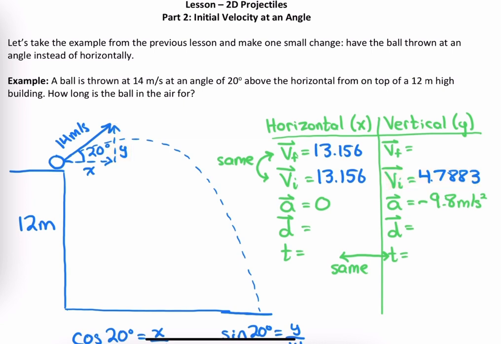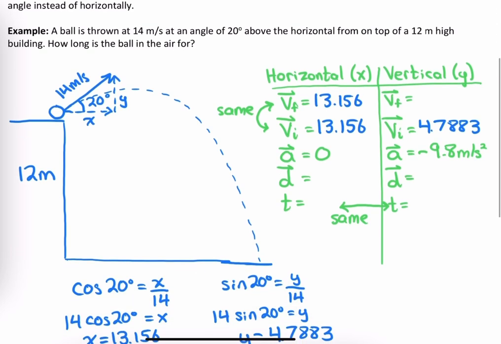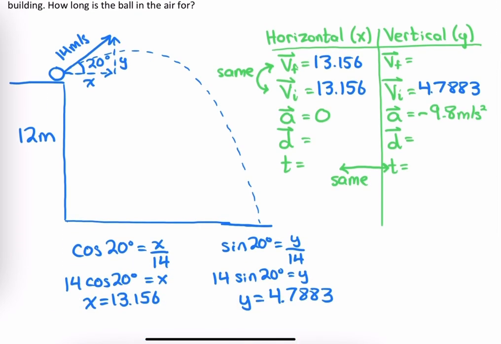So instead of having a number we just chuck in here and a 0 we're putting here, we have to split this into components. Find the x part of the initial velocity. Find the y part of the initial velocity. And that's what goes here for initial velocity in the x and initial velocity in the y.